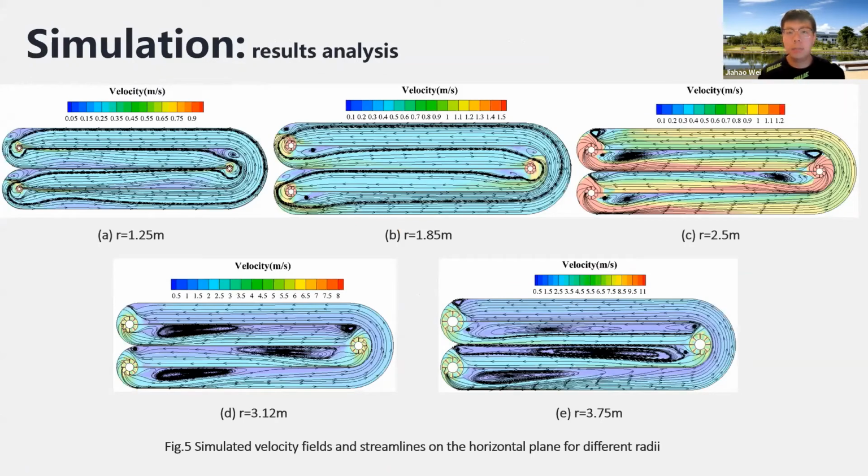This is the simulated velocity fields and streamlines on the horizontal plane under 5 different radial sizes of impellers. As can be seen from Figure 5, when water flows into a straight channel, the recirculation zone is formed at the inner side of the straight channel because of the uneven flow velocity.